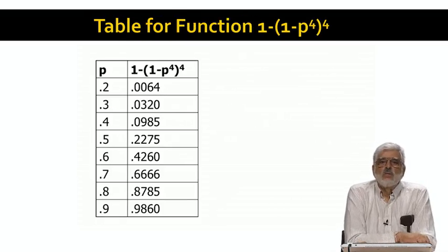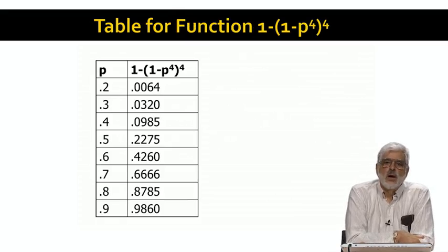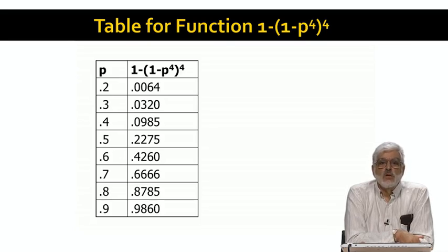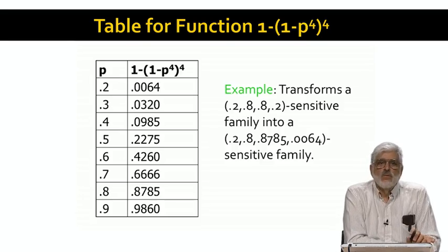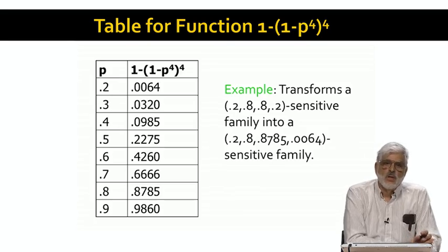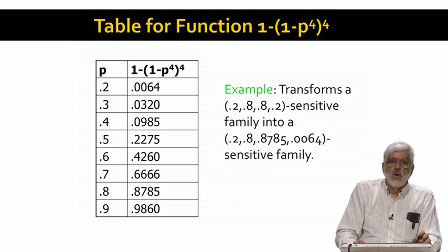So here's a table of what happens to the probability P when you apply the 4-way AND followed by the 4-way OR. We can pick the lower and upper distances D1 and D2 as we like. For example, here's what happens if we choose the lower distance D1 to be 0.2 and the upper distance D2 to be 0.8, and the underlying LSH family is the min-hash functions. We start with a 0.2, 0.8, 0.8, 0.2 family.